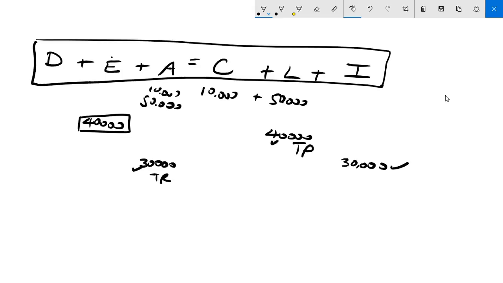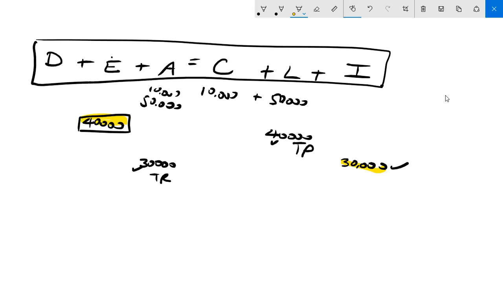I guess you can see how it'll be a bit odd to directly compare. If I asked you what your profit was, it would be odd if you said 30,000 minus 40,000, because that would look as though you've made a loss. But you didn't make a loss. You sold £20,000 worth of goods. It's just that the 40,000 is being compared with 30,000.